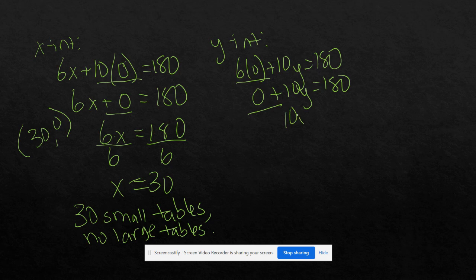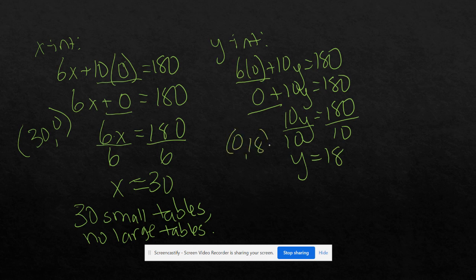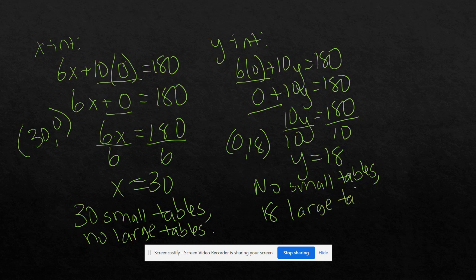Anything plus 0 is itself. The opposite of 10 times y is dividing by 10. And then we find that y is equal to 18. So our y-intercept is (0, 18). That means we have no small tables because our x value is 0, and we have 18 large tables.